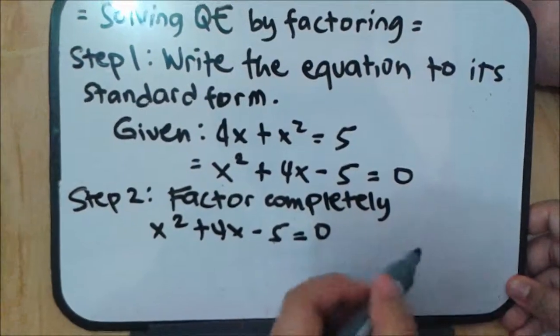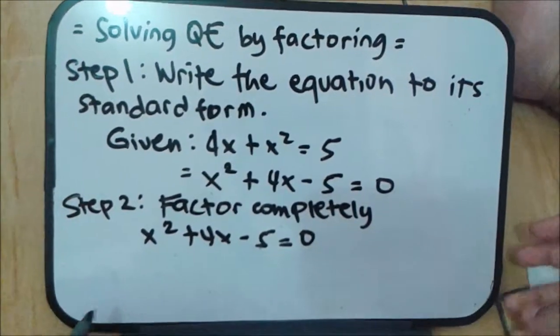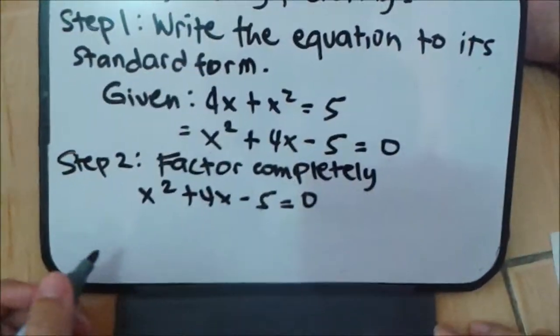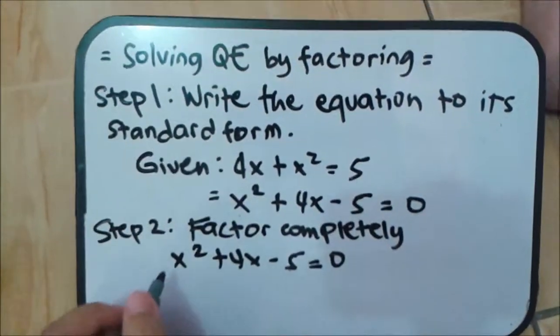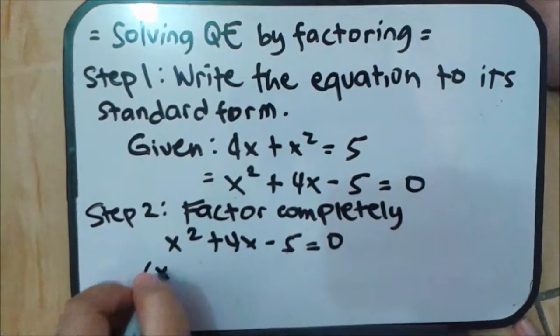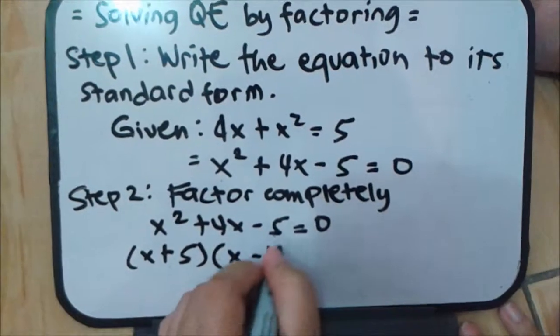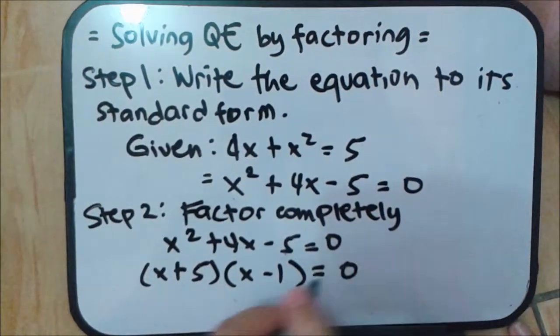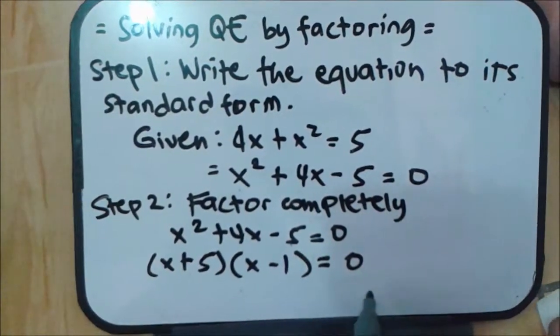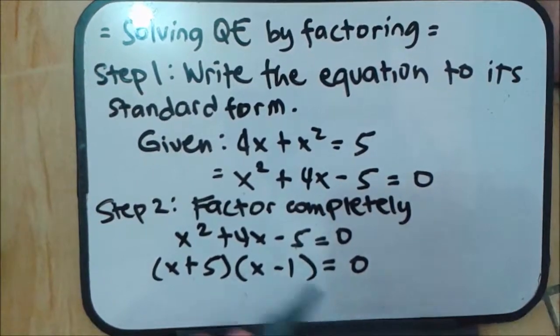Step 2 is factor completely. This is how to factor the quadratic equation: x plus 5 times x minus 1 equals 0. Just always remember the right side equals 0.